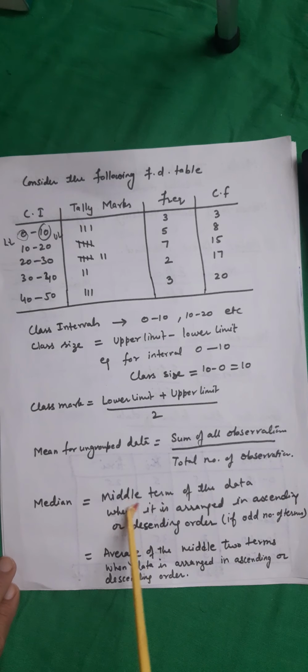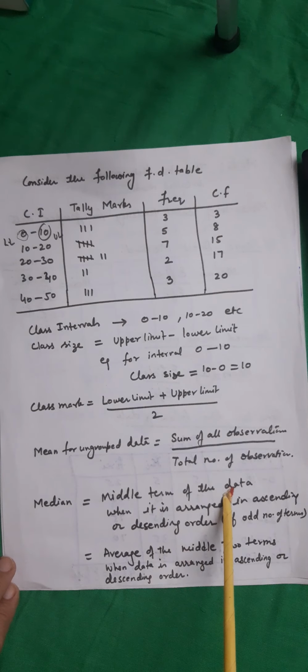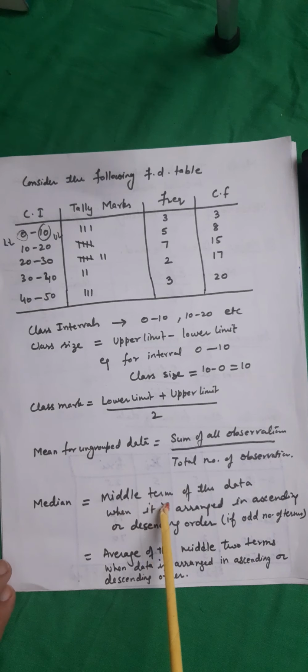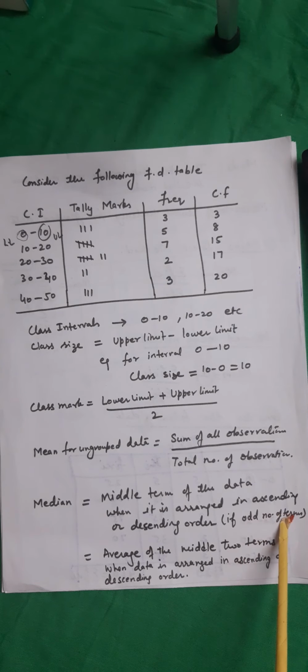What was the median? Median for ungrouped data. First the data was arranged in ascending or descending order, and then the middle term was taken as the median in case the number of observations was odd.